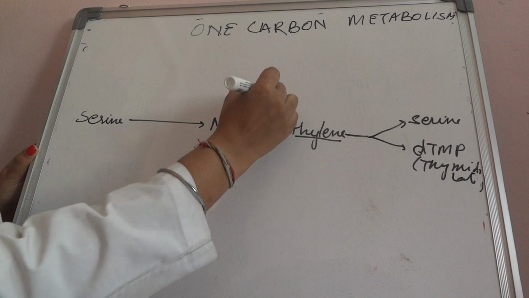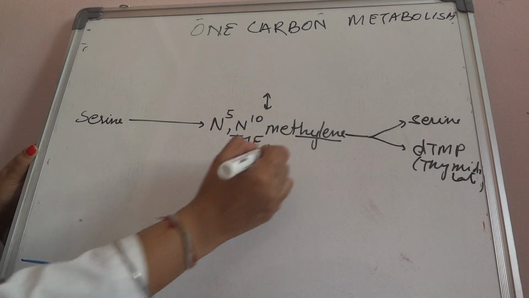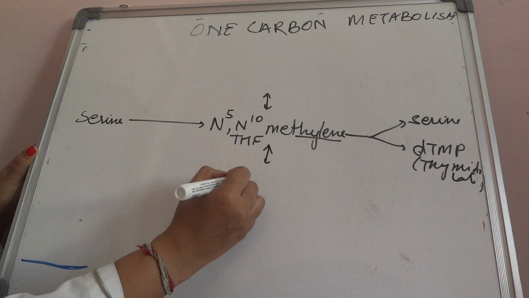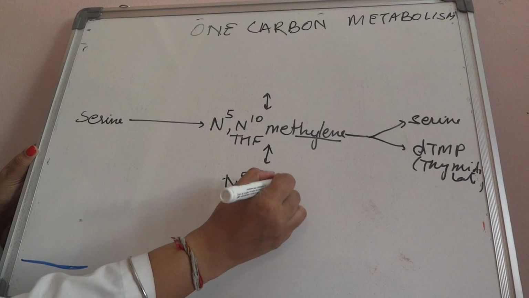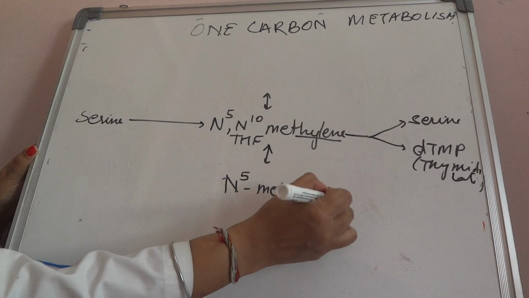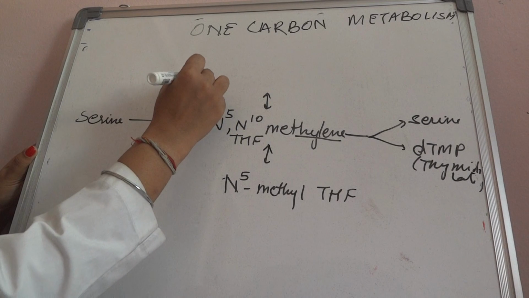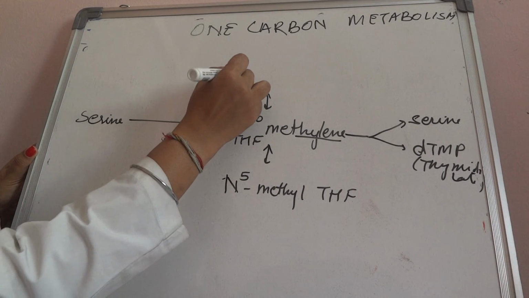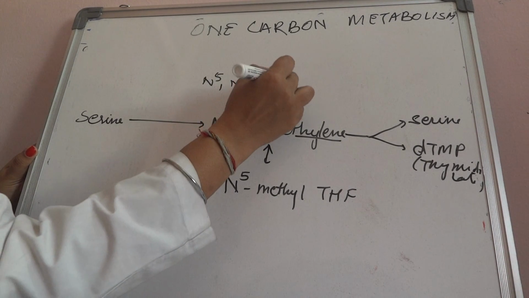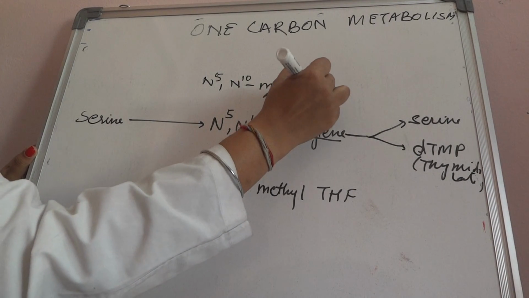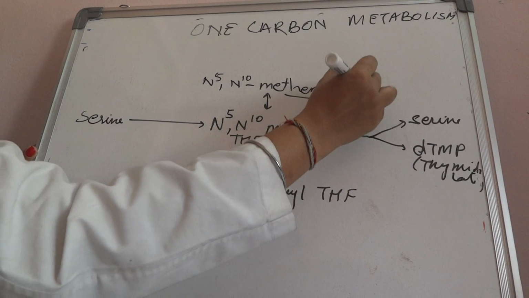This N5N10 methylene can move both ways and it can form N5 methyl tetrahydrofolate, or it can form N5N10 methenyl tetrahydrofolate.